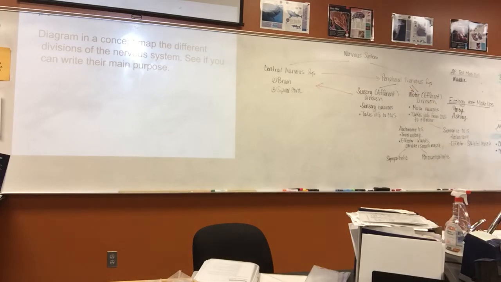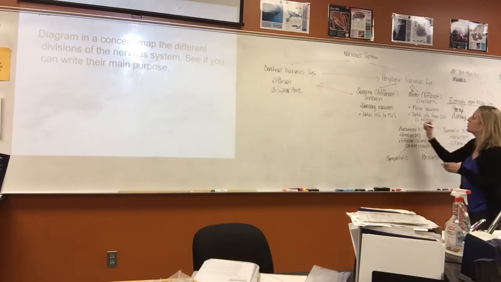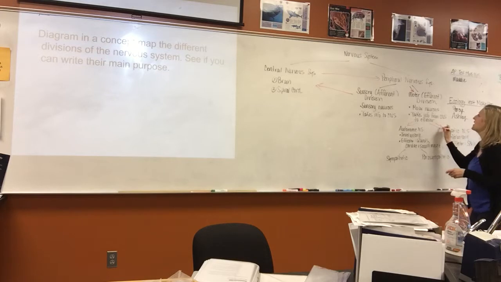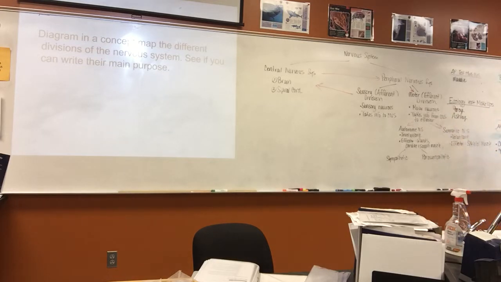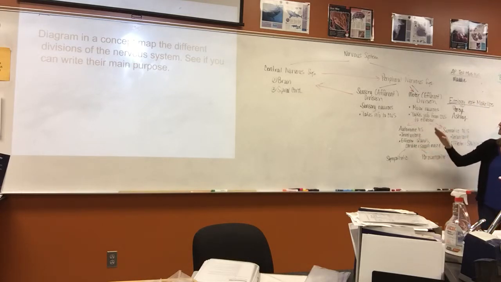Now the motor division, once it gets there, it's going to either communicate with your involuntary muscles or glands, or your voluntary. So there's a choice to be made. So here or here. So this is kind of the communication, and eventually it can cause the skeletal muscles to contract, or cardiac muscle, or smooth muscle, and so on.